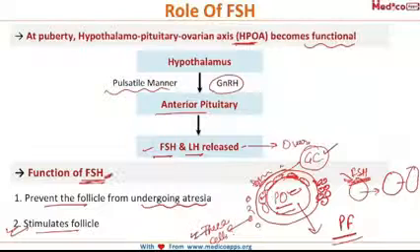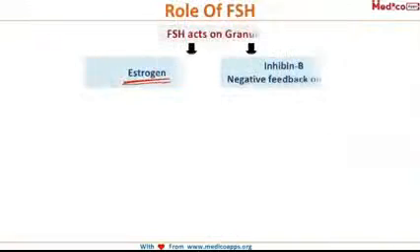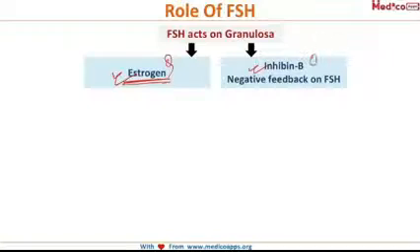Now this FSH, released from the anterior pituitary, acts on the granulosa cells, leading to the release of estrogen and inhibin B. So two hormones are released from the granulosa cells, estrogen and inhibin B.